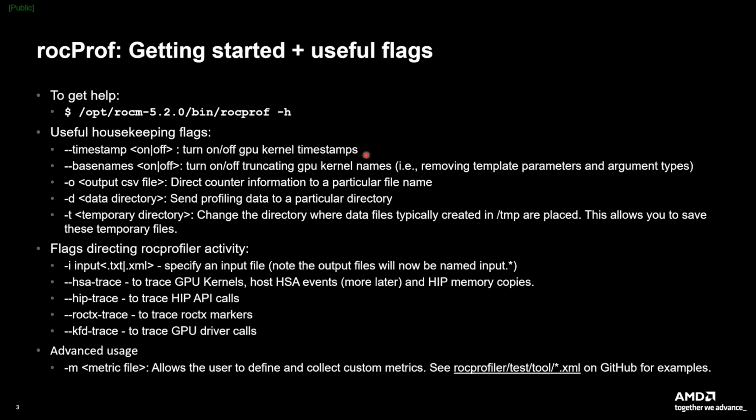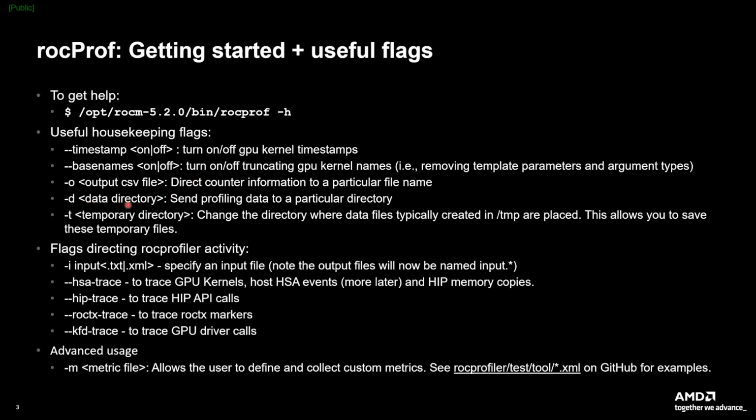It's useful to measure the timing, etc. The --basenames option truncates the GPU kernel name. If you have template parameters that make the name of the kernel huge, you can activate this and have only the kernel name without extra letters. The -o is about the CSV file, where to have some information about the counters that we'll see.